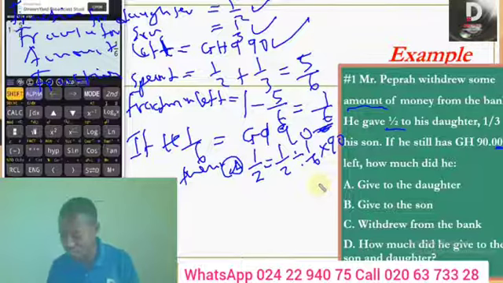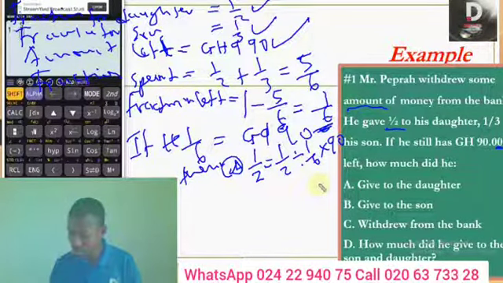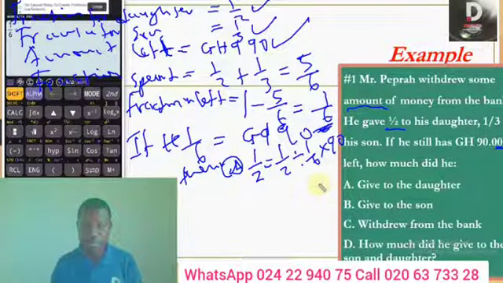That's all. So let's see. 1 over 6, so fraction 1 over 6, divided by. Okay, then this one first. So let me clear it. It doesn't matter, but let me clear it.